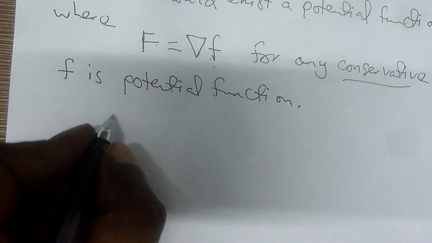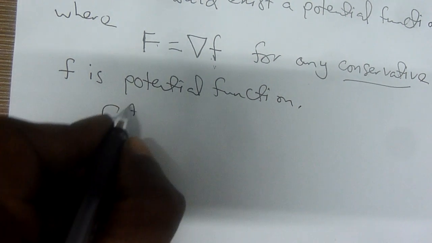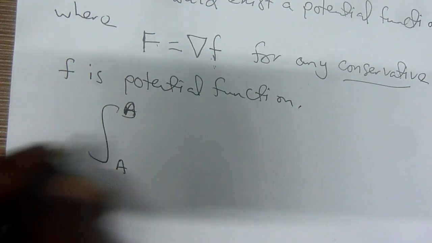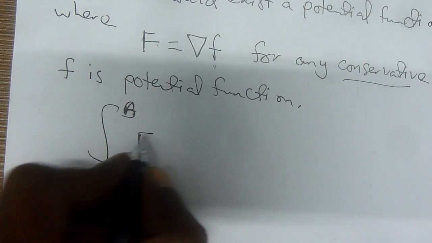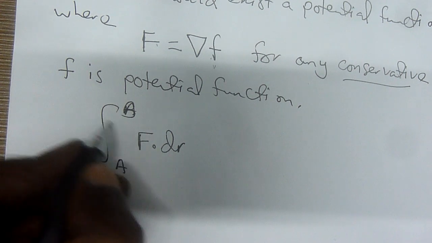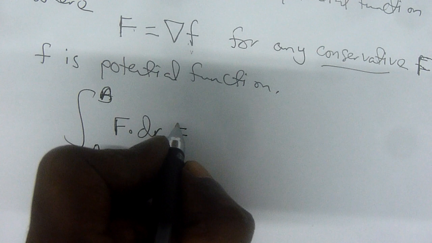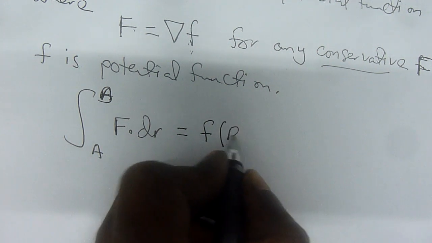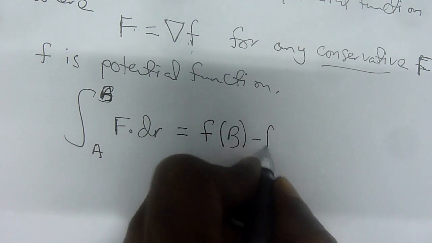For example, if something is moving from A to B, for the case of F dot dr, it's not a circle, not a closed loop. We can say f at B minus f at A.